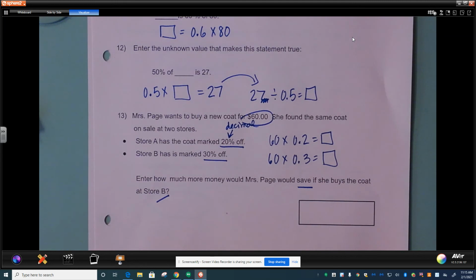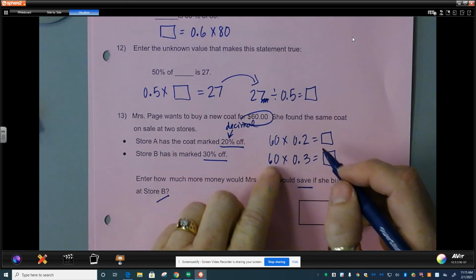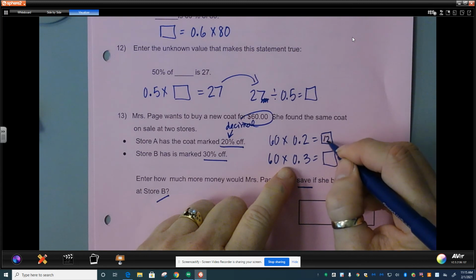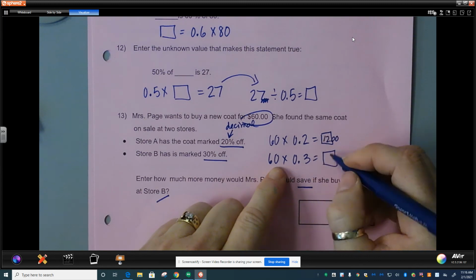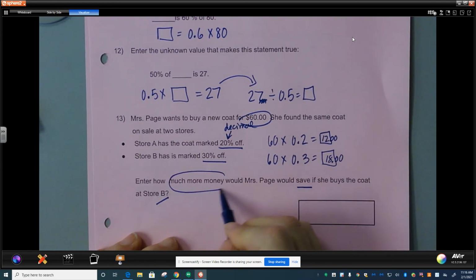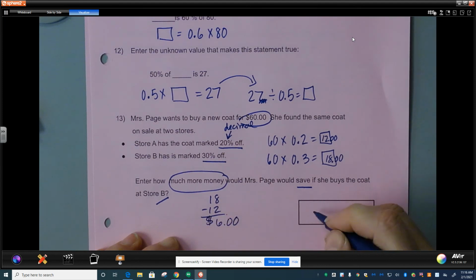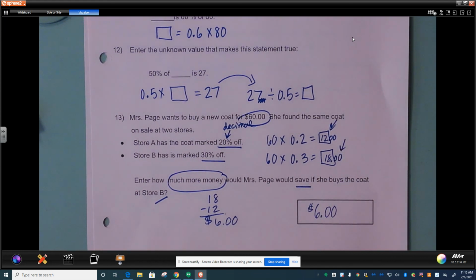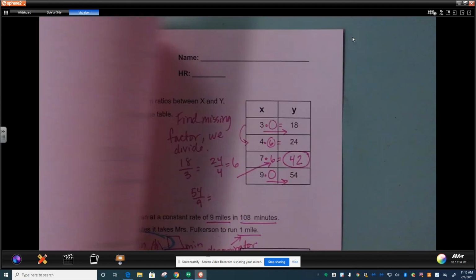And then you have to decide how much am I going to save? So this is saving $12 because I've already done the math. This is saving $18. But the question says how much more. So what is the difference between $18 and $12? The difference is $6. Check these two problems with the calculator to make sure you understand how to do those.